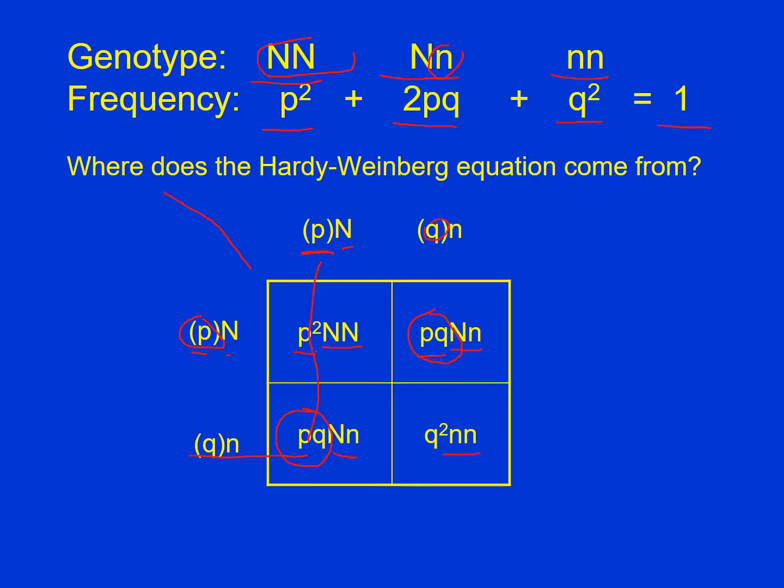That's the frequency of our carriers. So 2PQ is the frequency of carriers. And then the frequency of the homozygous recessive is just Q times Q, Q squared. So that's the beauty of how this Hardy-Weinberg equation came about.